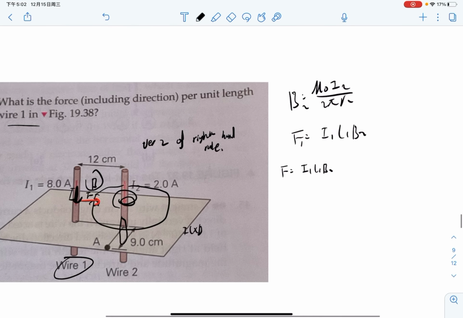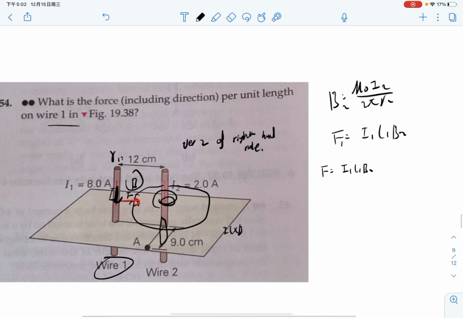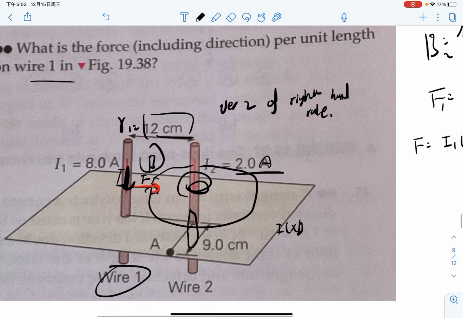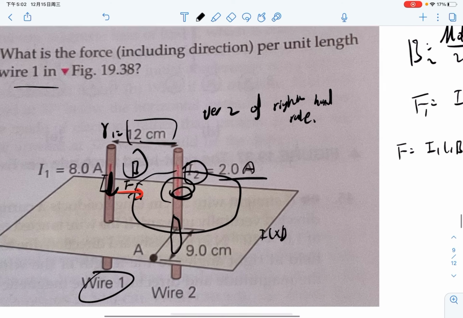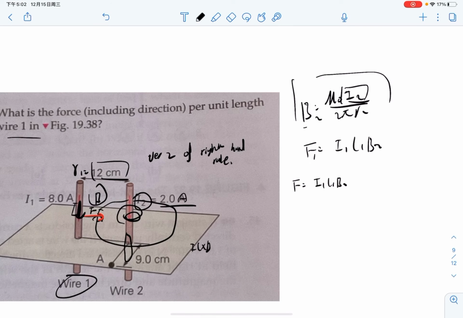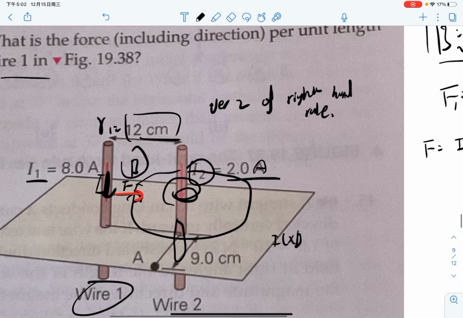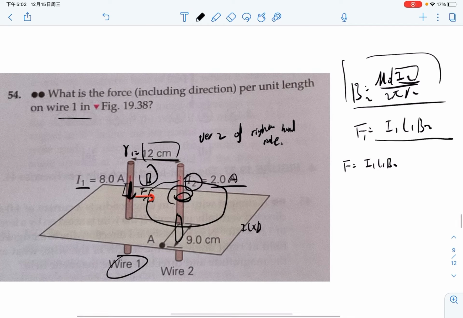We know that R2 is equal to 12 centimeters, and I2 is equal to 2.0 amps. So the magnitude of the B produced by I2 is equal to this. At the location of I1, it will feel a force of I1 L1 B2.